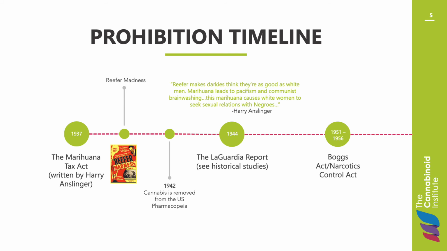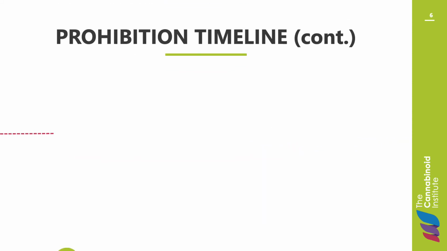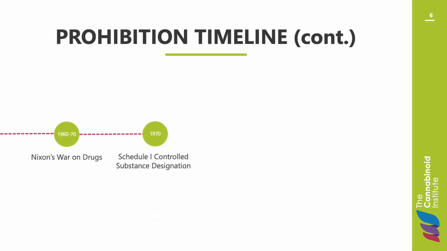Just a few years later, in 1956, marijuana was added to the Narcotics Control Act, which led to an even stricter penalty of 2 to 10 years in prison and a fine of up to $20,000 for first-time possession offenders. The final nail in the cannabis coffin came in the 1960s and early 1970s with Nixon's war on drugs and the introduction of the Controlled Substances Act.